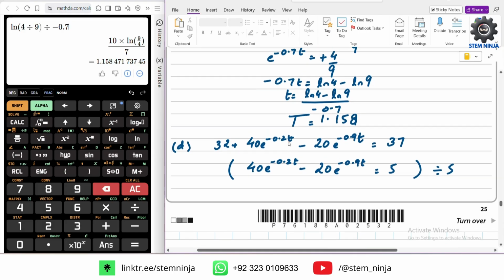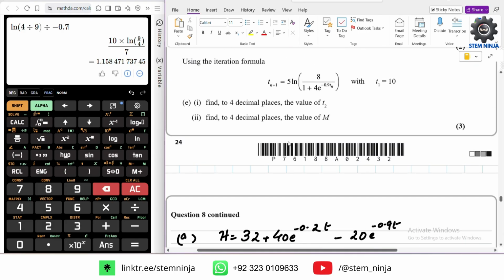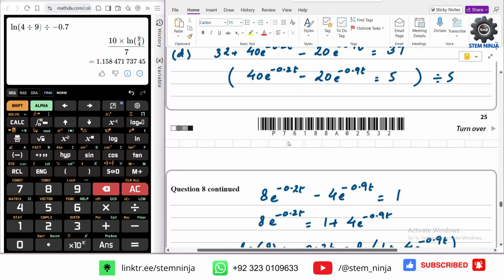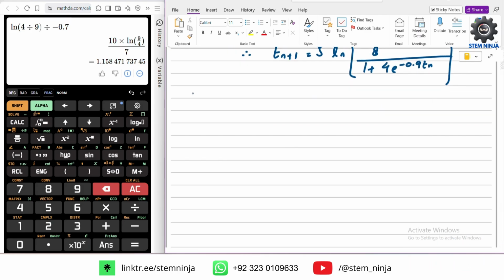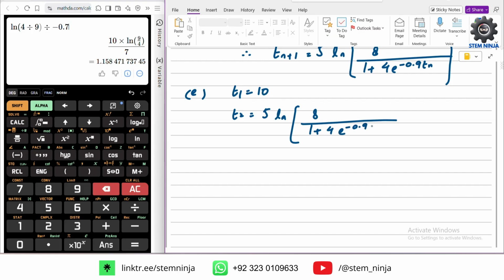Let's hope this is what it is. Yeah, okay. Right, t1 equals 10. Find to 4 decimal places the value of t2. So t1 is 10. t2 would be 5 ln of 8 over 1 plus 4 e raised to power minus 0.9 times 10.